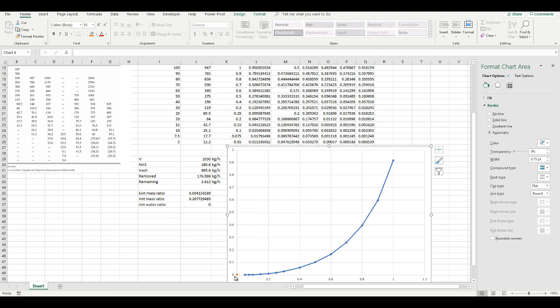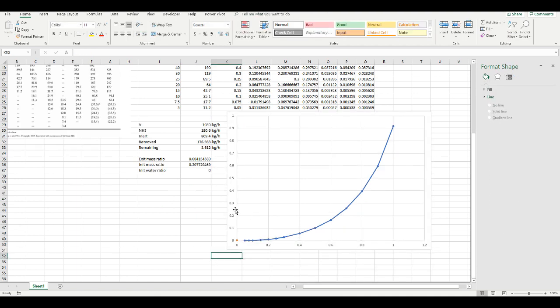Since the operating line is above the equilibrium line, it's quite clear that it's going to intersect at the very other end of the column. So it's going to intersect wherever the column reaches a vapor mass ratio of 0.277. So in that case, that means that it's going to intersect around this point here.